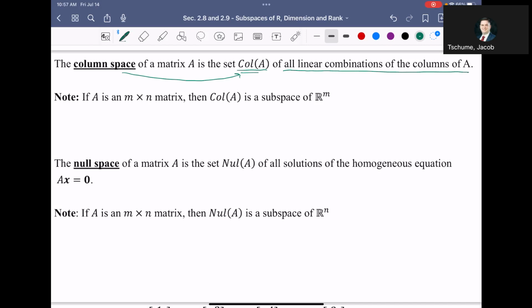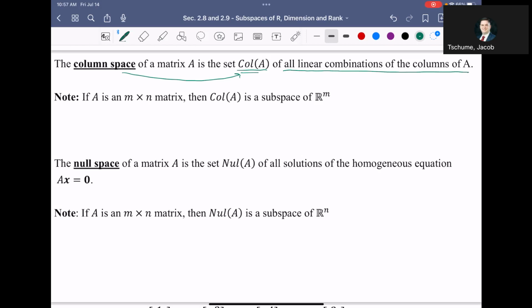Now keep in mind that is infinitely many different combinations, because if you let the constants be any pair of numbers, that would fall into the column space of A. Just because there are infinitely many of them does not mean every single vector is in the column space. There's just a whole bunch of them.